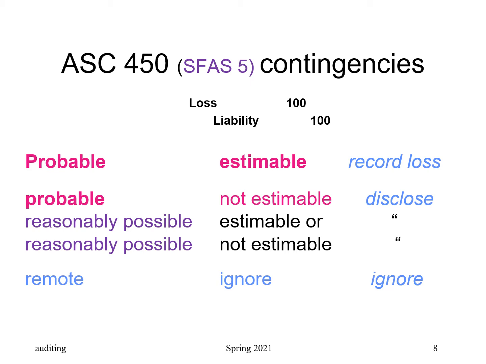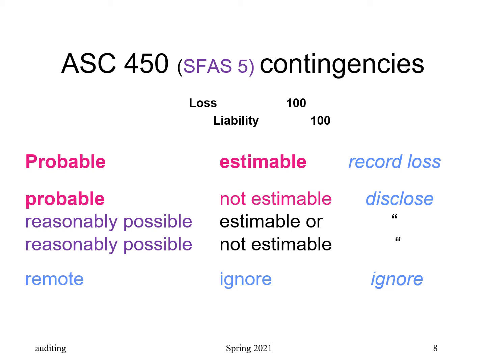Probable should make sense. The definition of an asset, probable future economic benefit. Liability, probable sacrifice, probable future sacrifice of an economic resource. So as accountants, we don't record things unless they're probable.